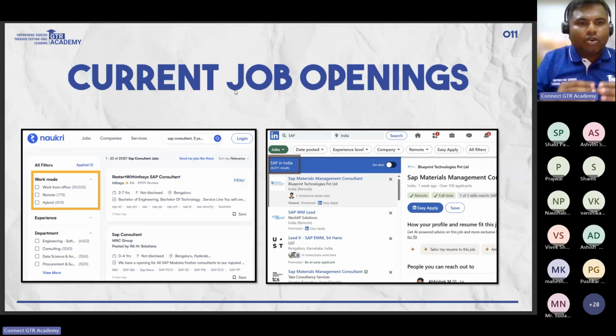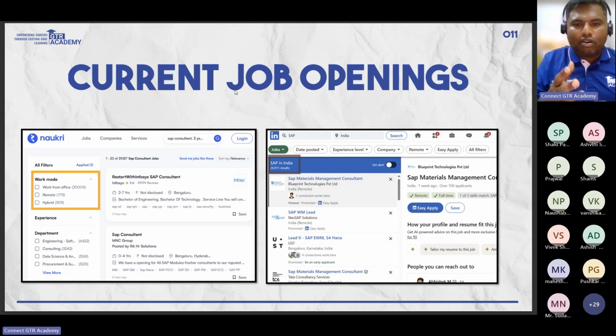I'm talking about 30,000 different companies looking for candidates. I don't know whether Infosys is looking for 50 or 70 people, or whether another MNC group is looking for only 10 or 15 people. But this many entries are logged on Naukri, as they are searching for candidates. Similarly, I took some profiles on LinkedIn as well.